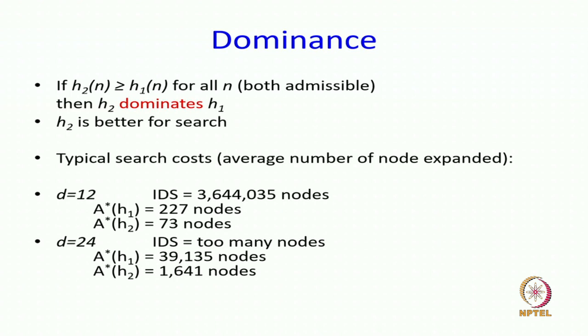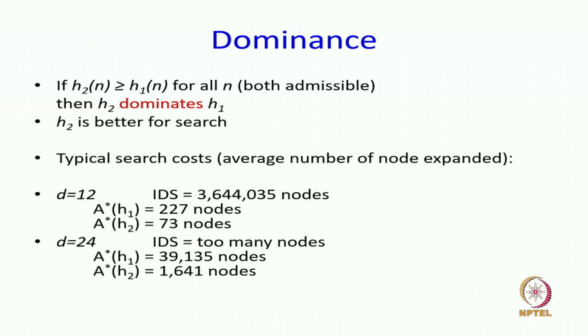In comparison, A star on H1 requires only 227 nodes, and A star on H2 requires only 73 nodes. Think about it, we can't prove anything formally per se, right. In the worst case, things may be exponential, but in practice, A star algorithms are superior by a large magnitude for most problems if you have a good heuristic.